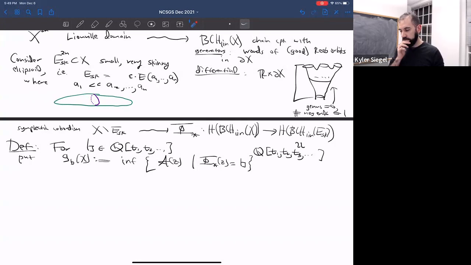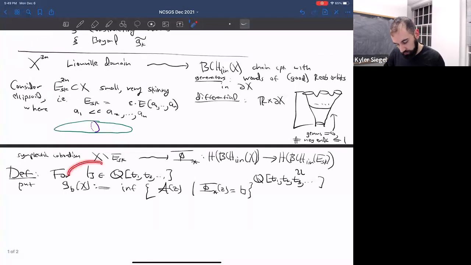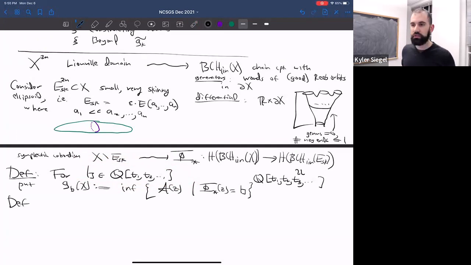But in some sense, this definition may be a little bit unwieldy because you have this huge indexing set. So it's a little bit hard to figure out what exactly you want to do with this huge family of capacities. So at least as a first approximation, to understand what's going on, let's make a simplified definition.